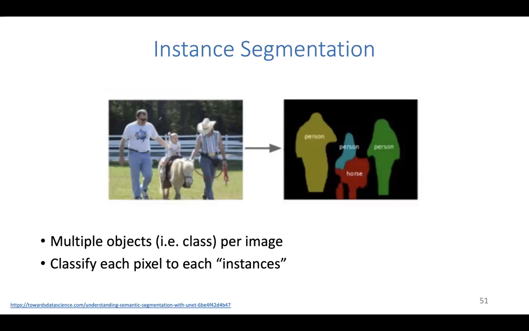And if you think about medical applications of semantic segmentation, for example, if you want to segment or recognize different types of organs in your body, like in your abdomen, then you probably don't need instance segmentation.